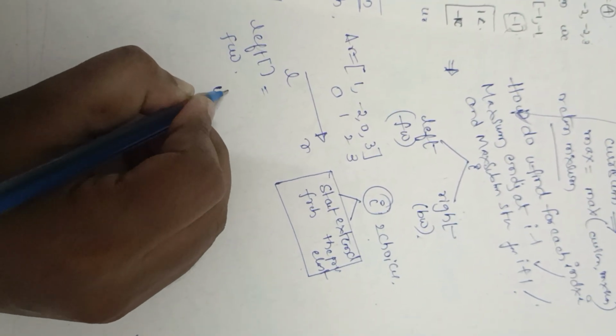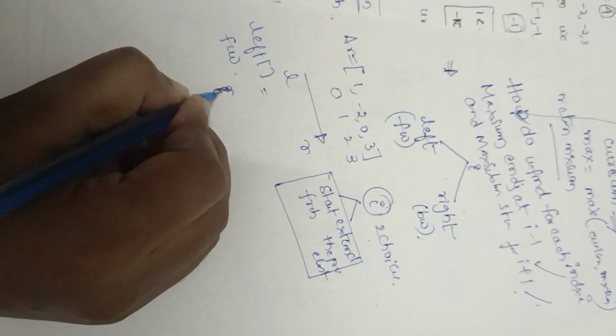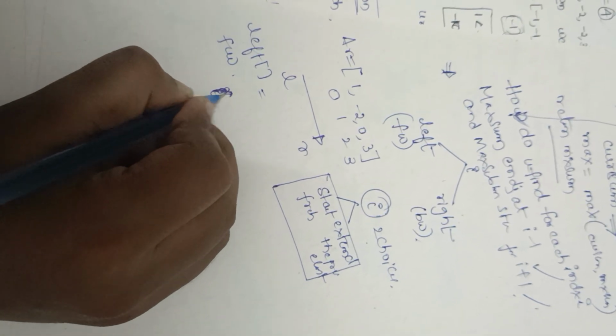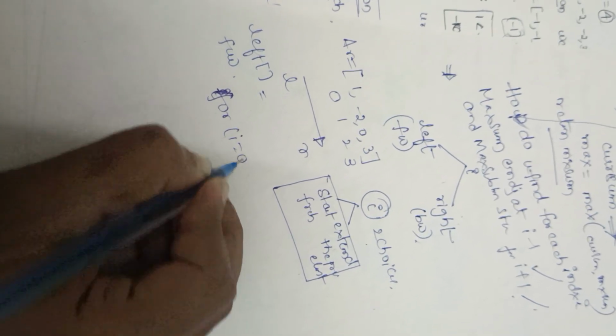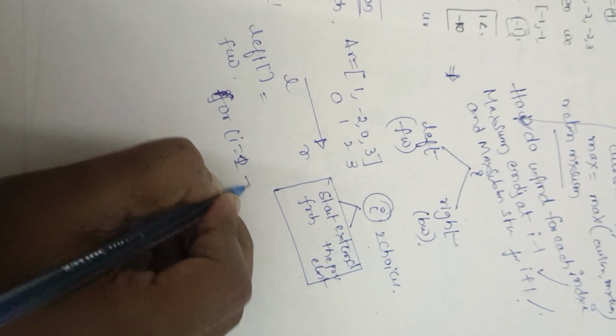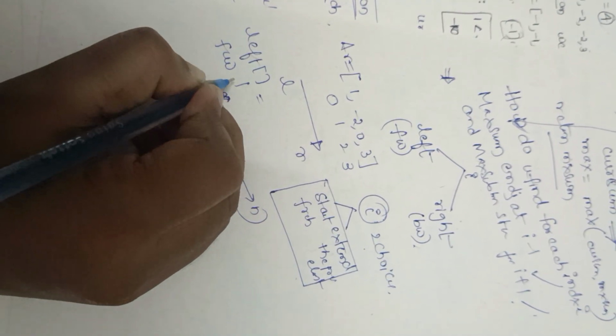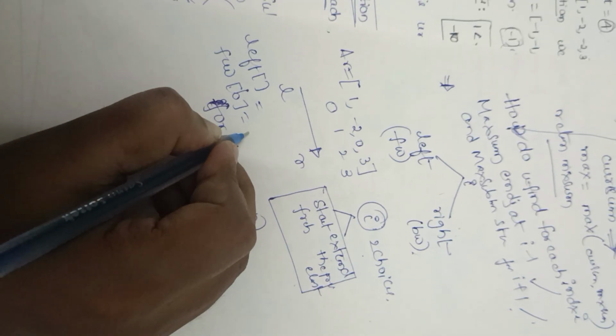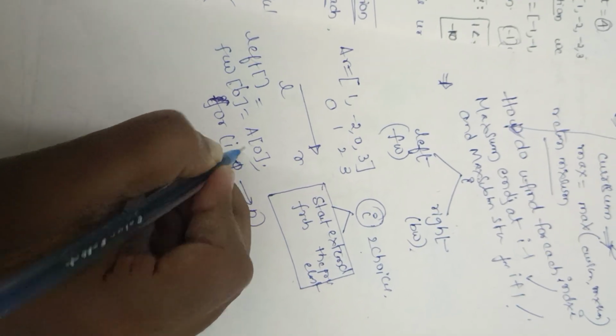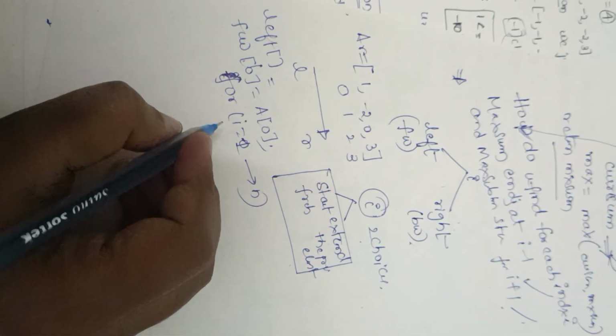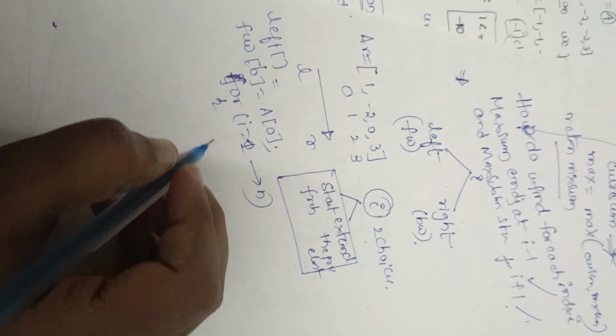If you consider the forward array, it is looping from 1 to n. Forward of 0, you just initialize with the existing value.